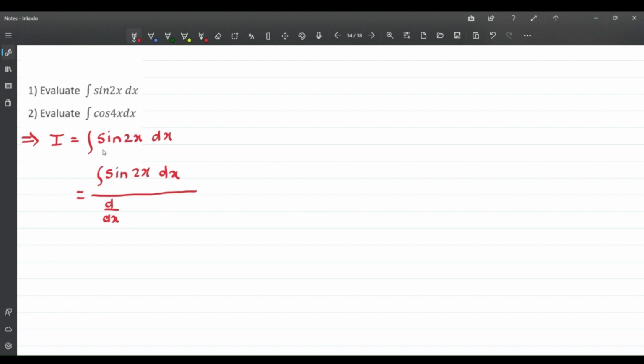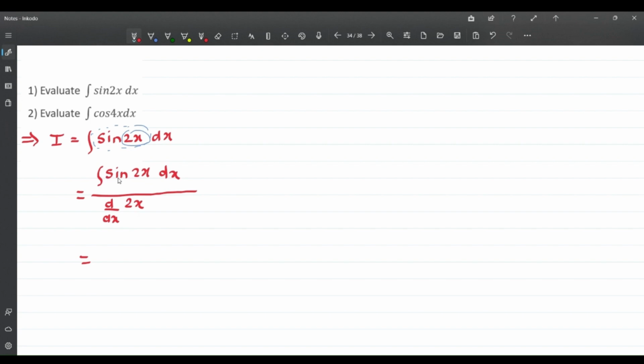Here the first function is sine 2x and the second function is 2x. So we have to take the integration of sine 2x divided by the derivative of 2x. The standard formula for integration of sine x is minus cos x.